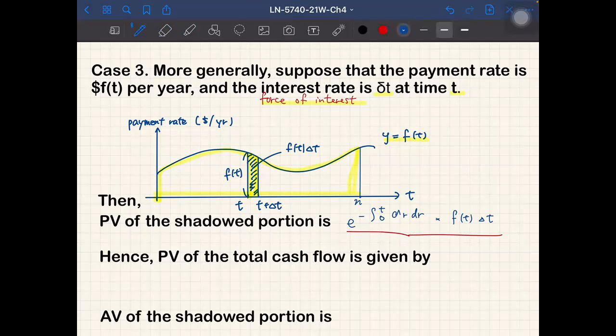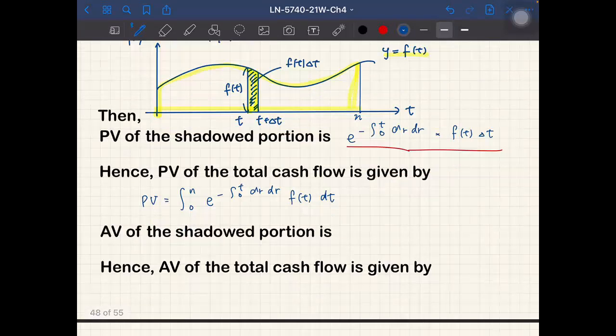That is the present value of this entire payment. So the present value is equal to the integral from 0 to n of e to the power negative integral from 0 to t of delta r dr, times f of t dt. By the definition of the integral, the present value can be written in this way.